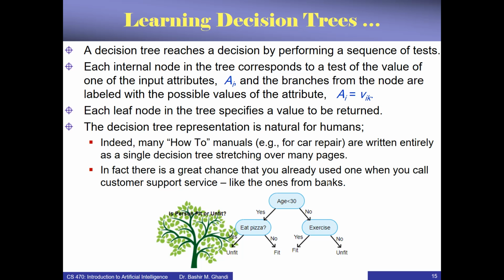And then based on your choice, you will be directed to dial another button, and so on. So this is actually a decision tree in practice. Those auto answering machines are actually implemented using decision trees, and they behave exactly the way decision trees work.